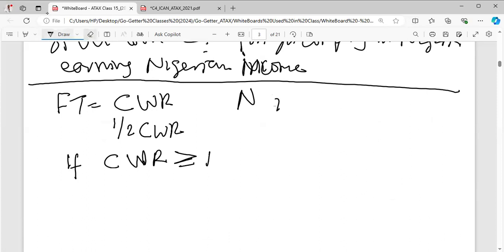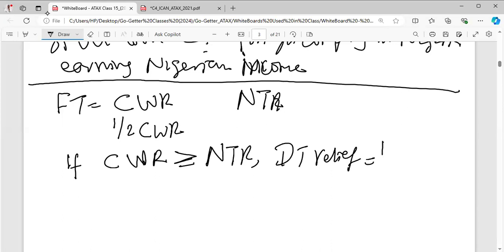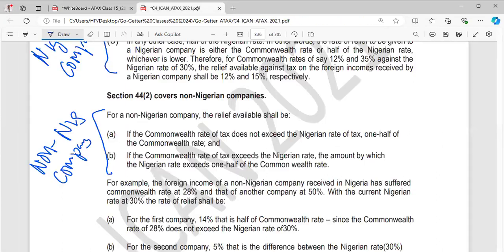If Nigerian tax rate is equal or greater than the Nigerian tax rate, then your DT relief will be half of CWR. So whenever this foreign tax rate is bigger than the Nigerian tax rate, you will use half of the Nigerian tax. That is what it means here. If the Commonwealth rate of tax does not exceed the Nigerian tax rate, one half of the Commonwealth rate.